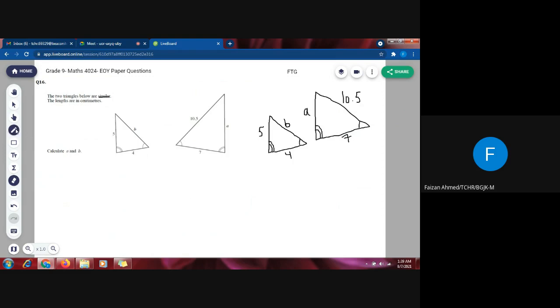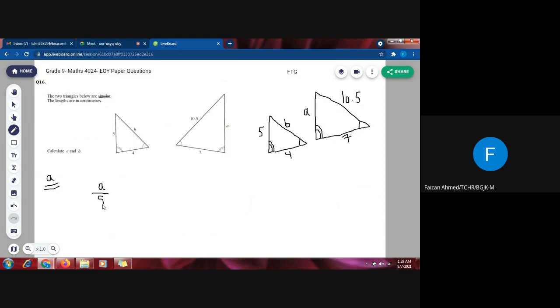First I will be finding out the value of A. For A I have to make a corresponding ratio. I know that this side of the bigger triangle is A, so I will write A, and then I will compare this side with the other side of the smaller triangle. So if this is A and this is 5, I will write A upon 5.